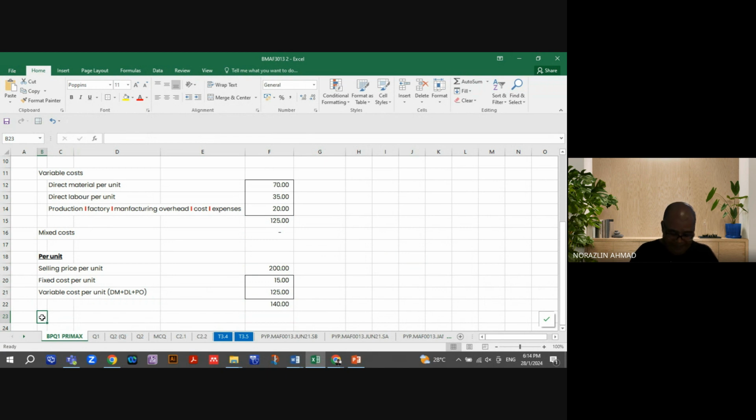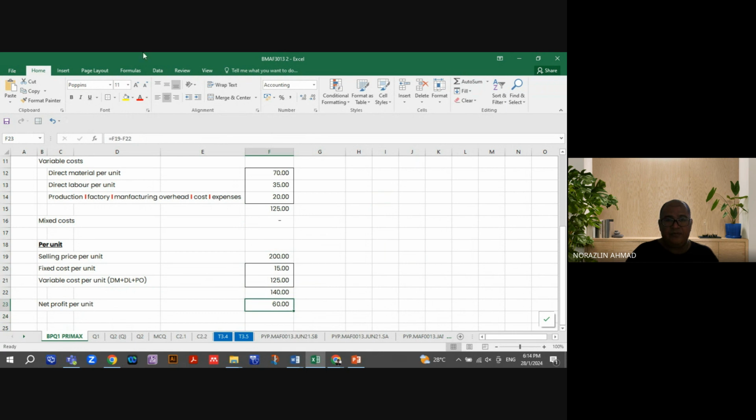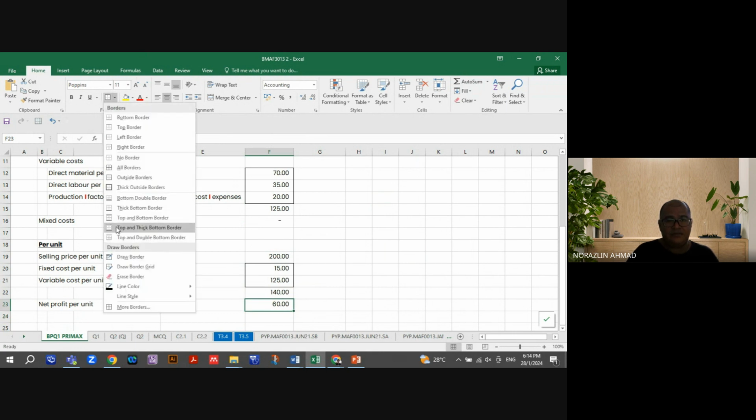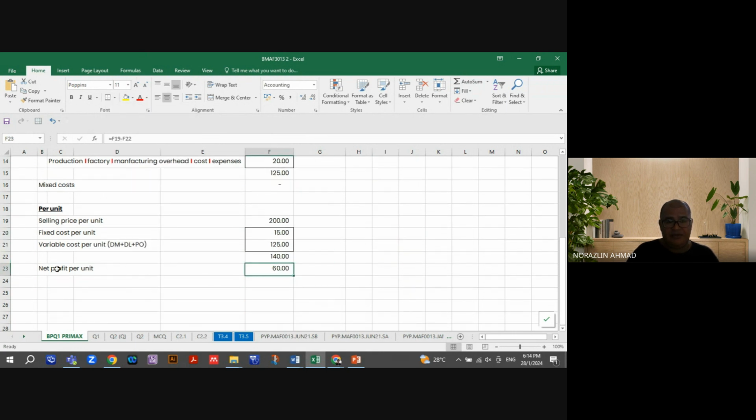Selling price minus all the costs, fixed costs and variable costs, we have net profit per unit. 200 minus 150, you get 60 ringgit per unit, net profit per unit in RM.